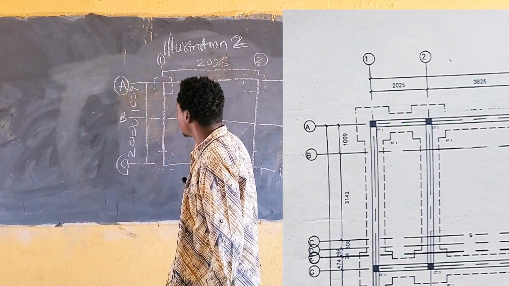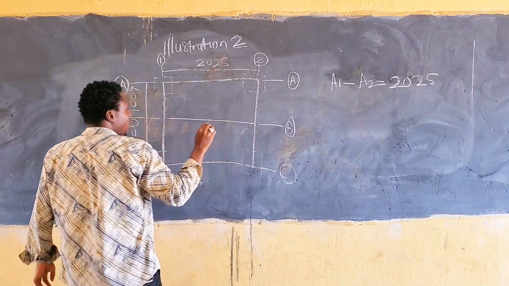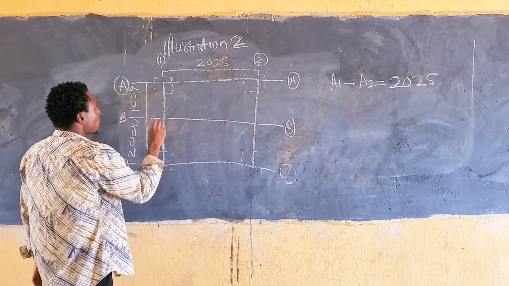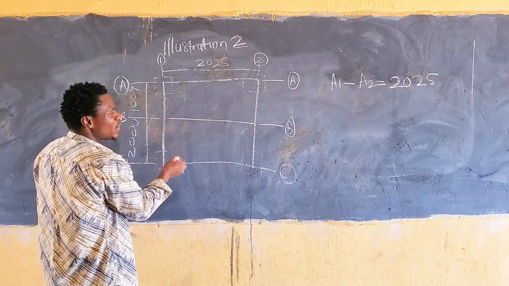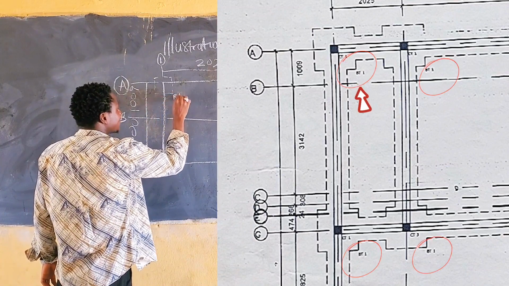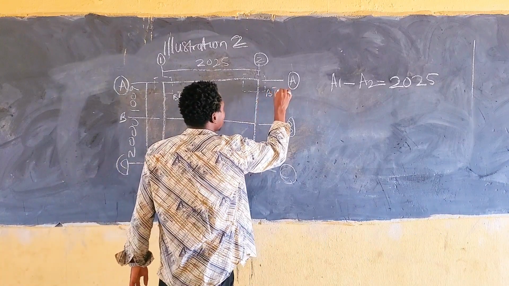So what we'll do is look at the column base at the bottom in the foundation plan, in the foundation layout. They usually indicate what type of column base it is. And let's say this is base type 1 and this is also base type 1.